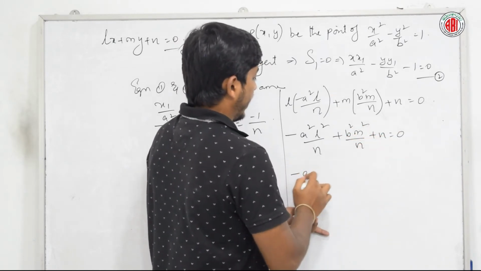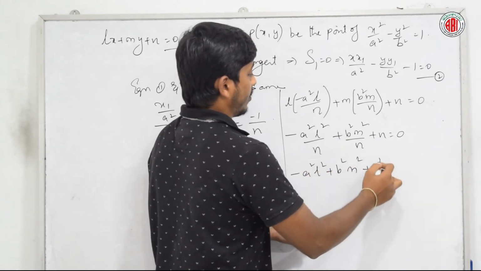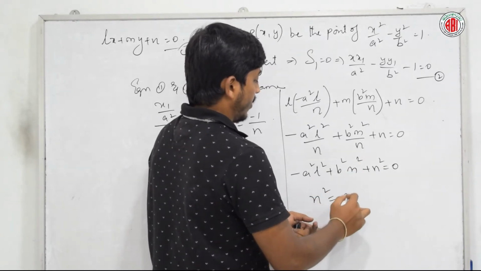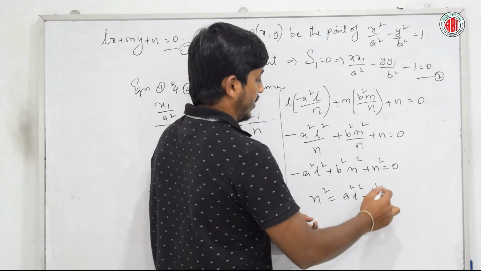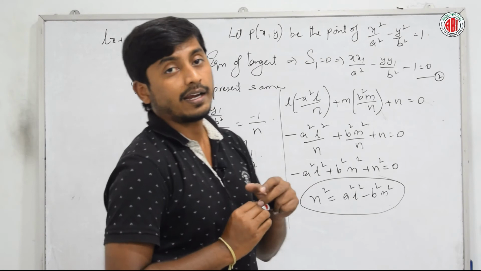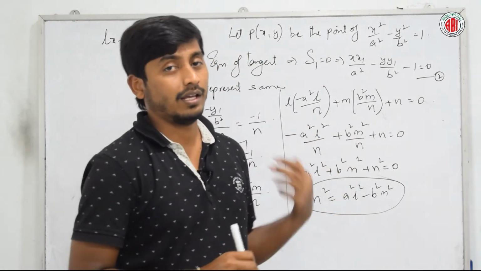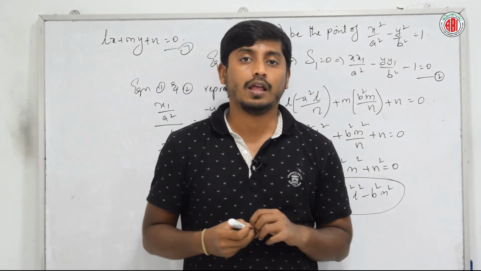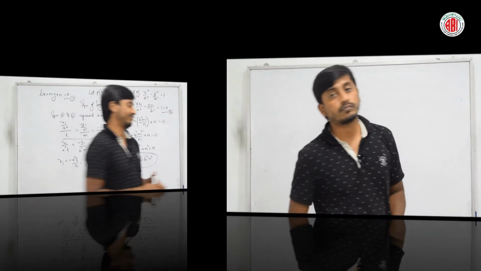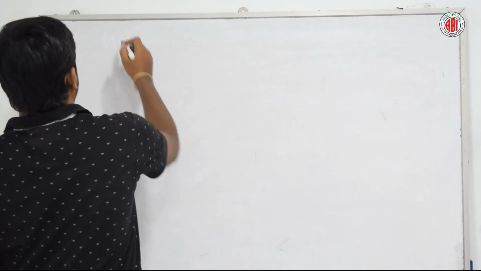If I take n as LCM, minus a square L square plus b square m square plus n square is equal to 0. So what is the condition here? N square is equal to a square L square minus b square m square is the condition. Is it right? It is almost similar to the basic equation. Is it okay? Fine. Shall we go to the next concept? Let's do. The next thing we are going to discuss is parametric equations.